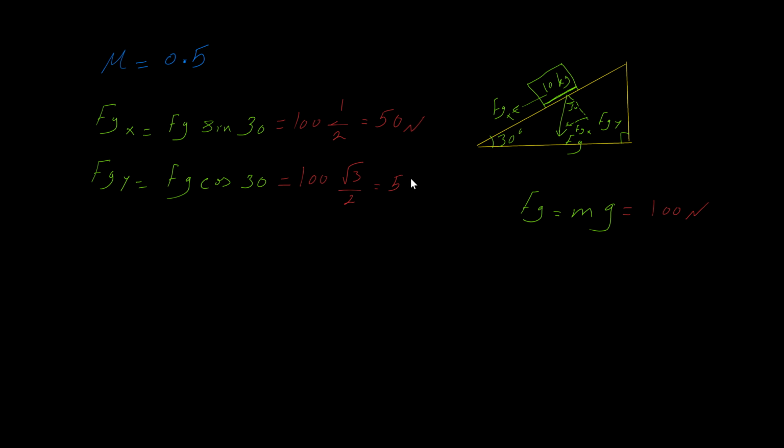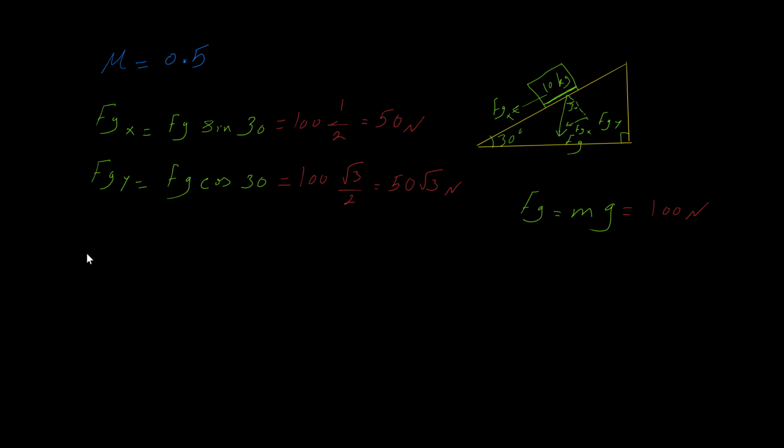So it will be equal to 50 root 3 newtons. And so far, root 3 is good. We could keep it, or we could plug it into the calculator and get the exact value of FGY. But this is good enough for us right now.